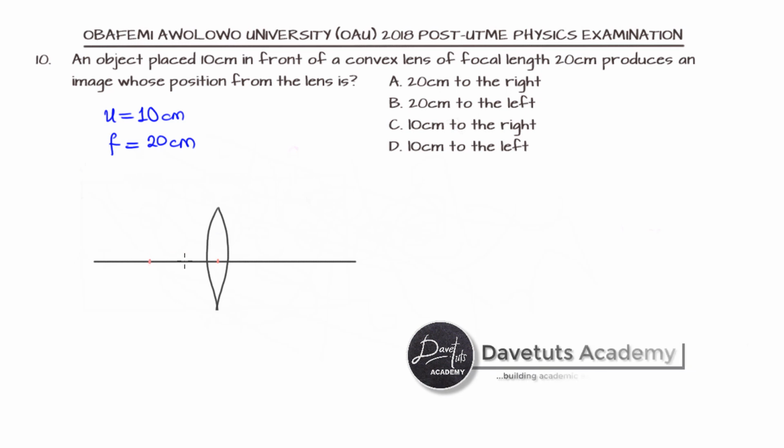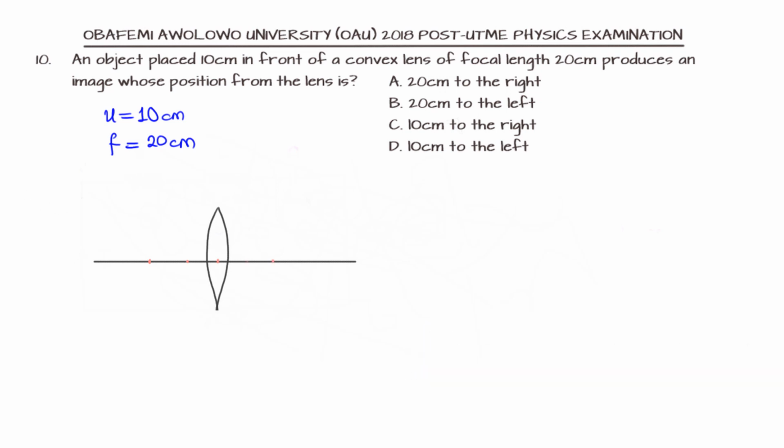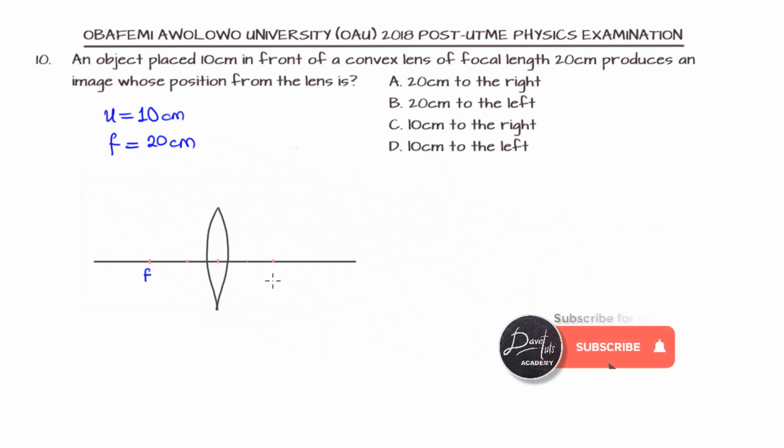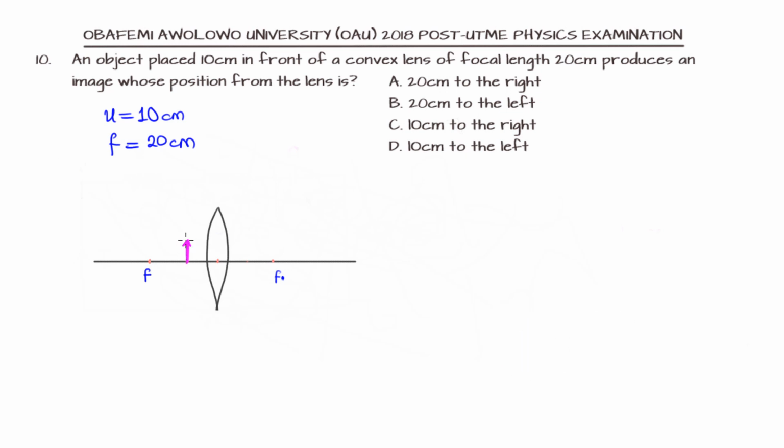The principal axis is the straight line drawn, and the center of curvature is the middle of the lens. I'm also reciprocating the principal axis on the other side of the lens, so if I have the focal point here, I'm going to have F1 on the other side. Now the object is placed 10 centimeters. Since F is 20, 10 will be in between F and the center of curvature.